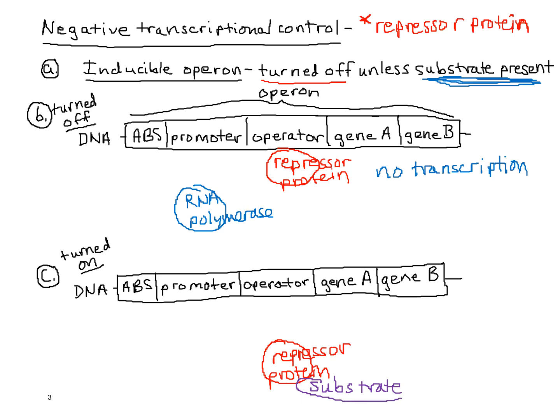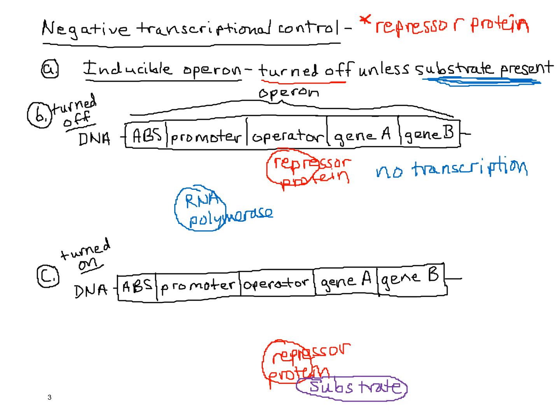Here's our substrate. It's bound to the repressor protein, and when it does that, it's going to change the shape of our repressor protein, and that's going to cause the repressor protein to fall off the operator, and now our repressor protein is out of the way.